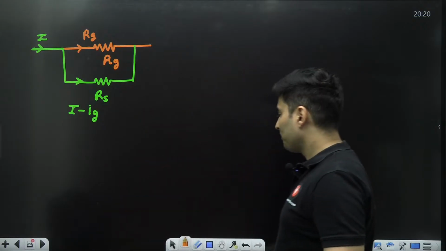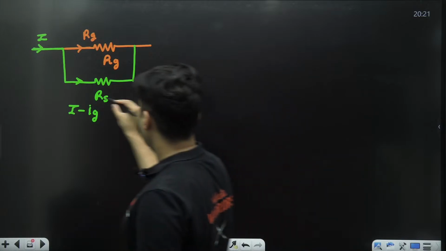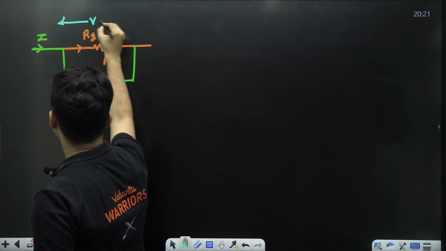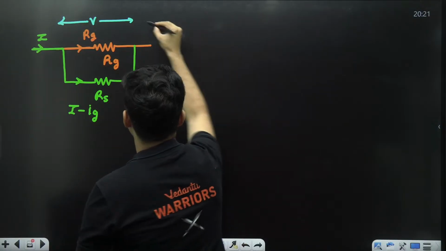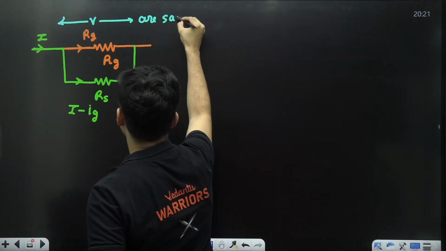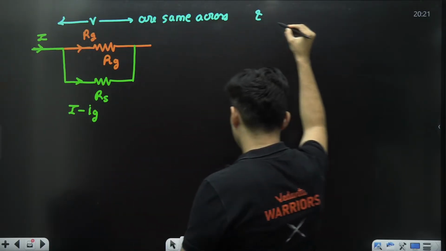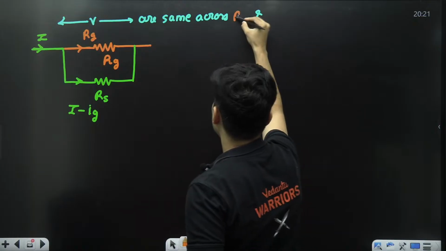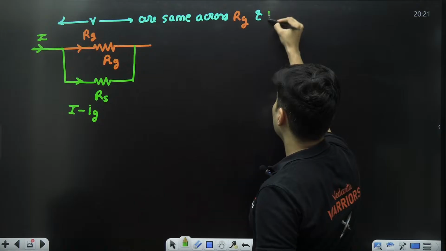So now, because they are in parallel, obviously the voltages are the same across both the resistors. One is the galvanometer, another is the shunt resistance.